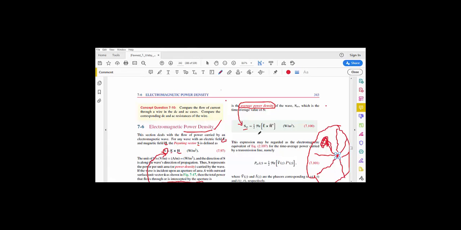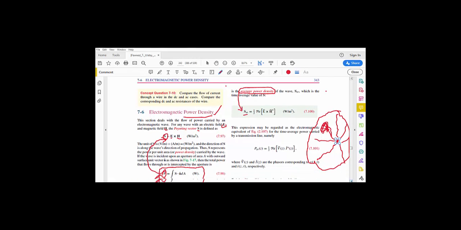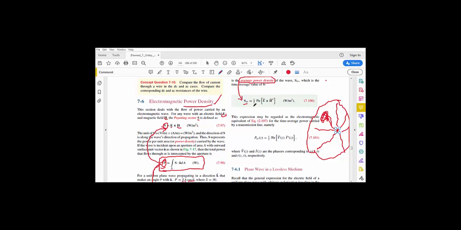So for the average of the power density, if we need to specify a value for this quantity, for the power density or even for the power, we need to work with the instantaneous form, that means the time domain. So the average is equal to one half multiplied by the real part of the cross product between the electric field and the conjugate of the magnetic field.